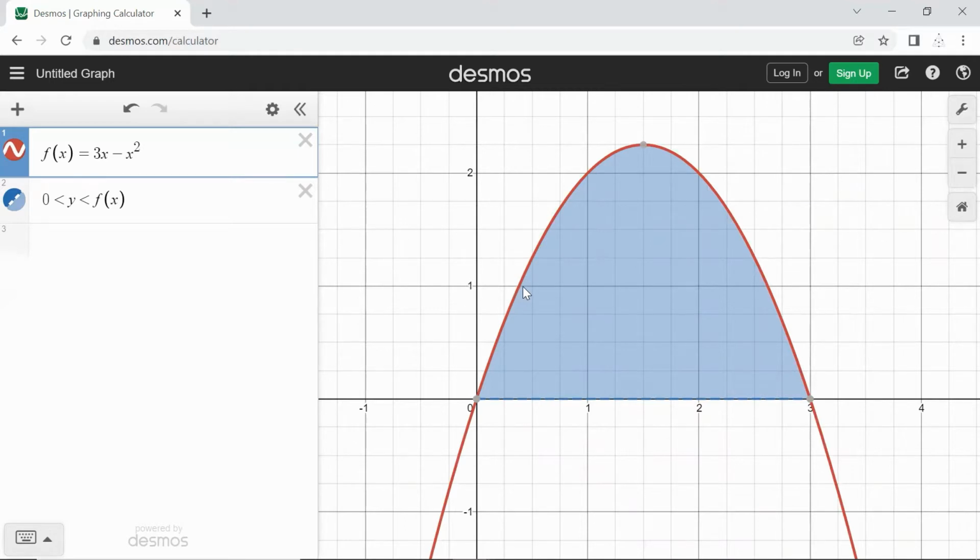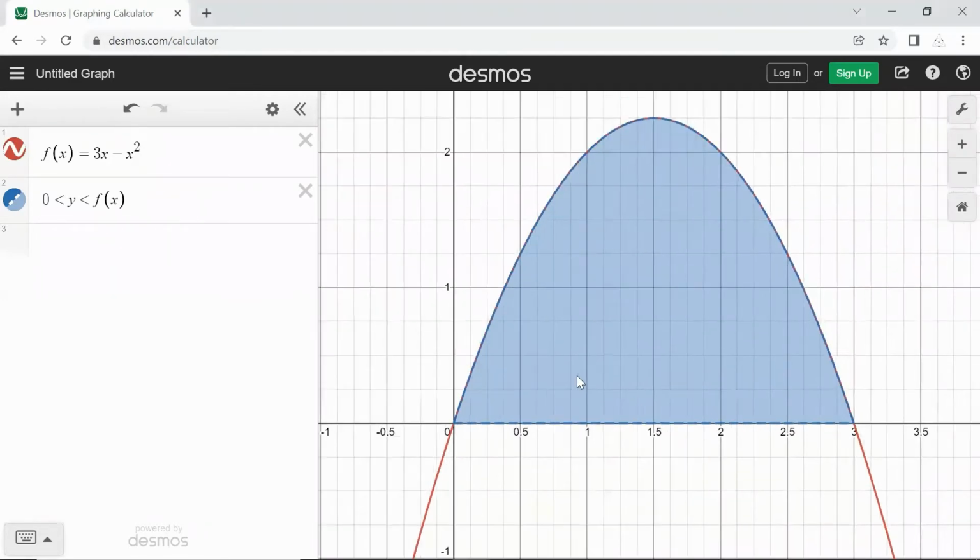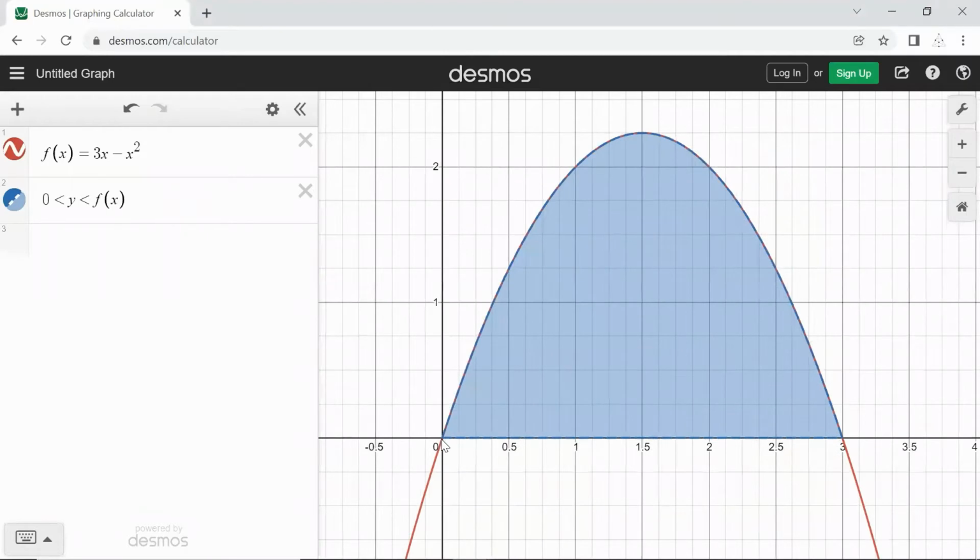So instead, what I'm going to do is break this into 6 rectangles. Now, the rectangles we're going to use are going to be vertical rectangles. And there's a couple of options that we can do. I've just split my x-axis into intervals of 0.5.